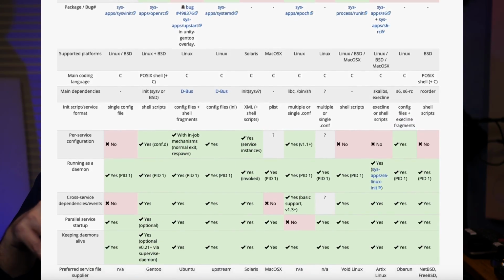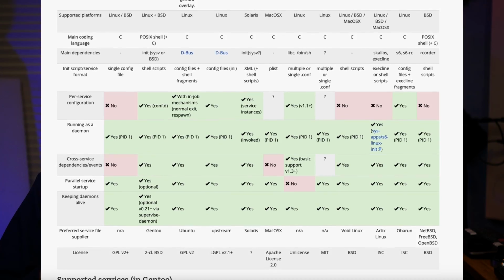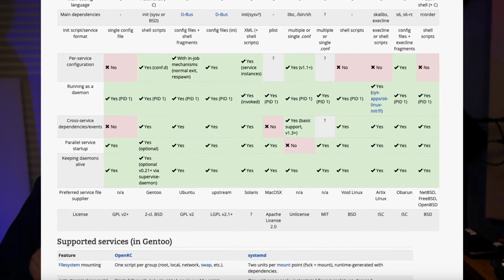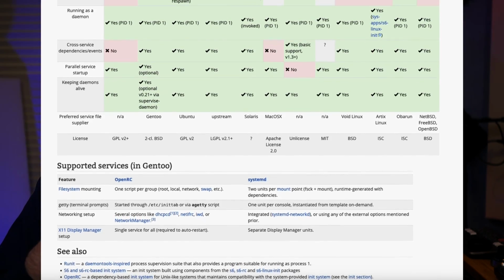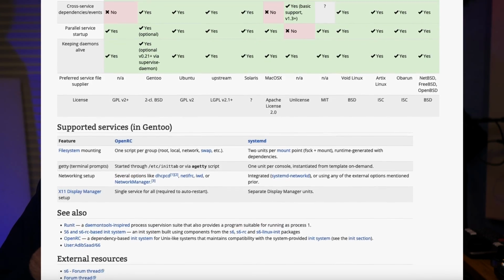So we'll talk about each of those in turn. But as those alternatives began to appear, OpenRC was developed in, I think, 2007. It's currently used by Alpine Linux, Funtoo, Gentoo, and Nitrux. So you'll find that is the preferred init process.